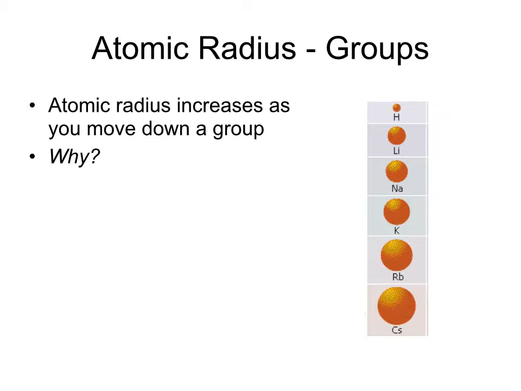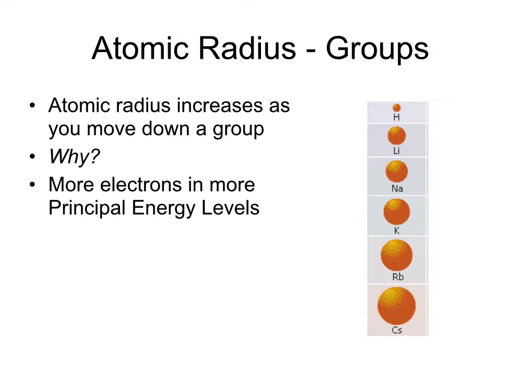Well, let's start with moving down a group. Atomic radius increases as you move down a group. Why would that be? Well, you have more electrons in the principal energy level, which means the atomic size increases. When you increase the number of energy levels, you're increasing the distance over which the nucleus has to pull, and therefore reducing the attraction for those electrons.